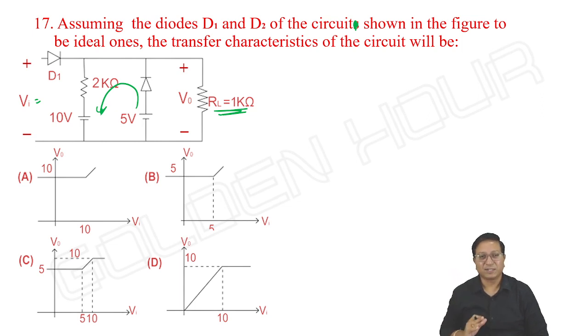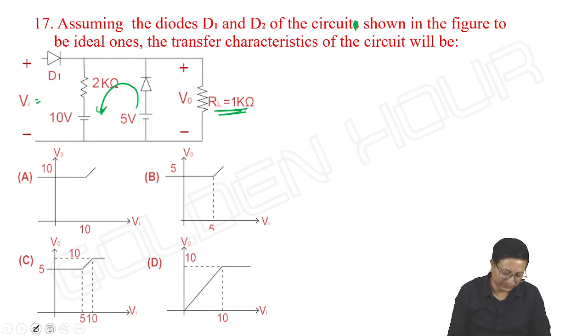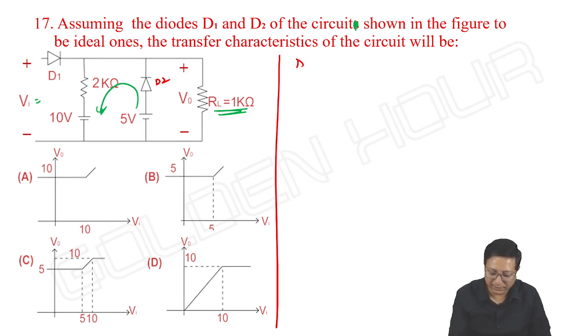Assuming the diode is on, calculate the current through the diode. If you get negative, only then can I conclude that D2 is off, otherwise I cannot. So this is D2. Anyway, I'm taking D1 is off, no doubt about it.